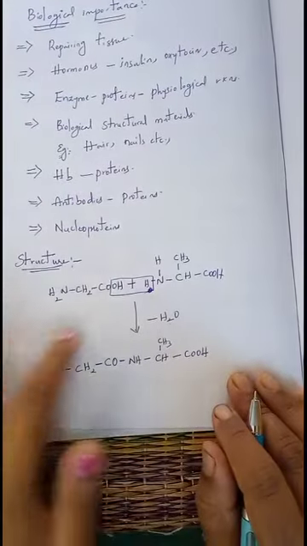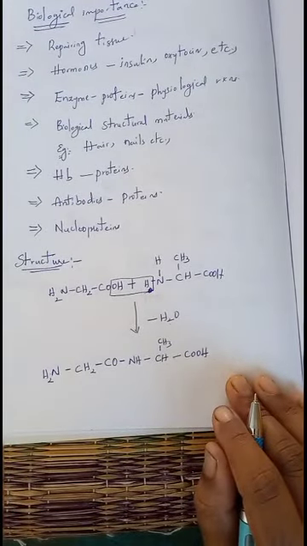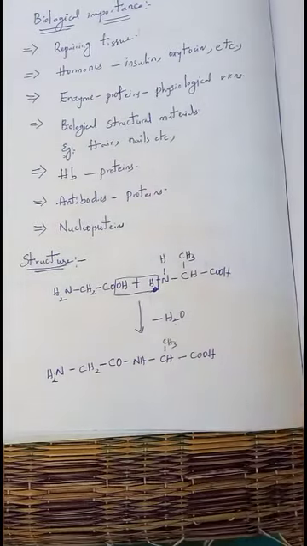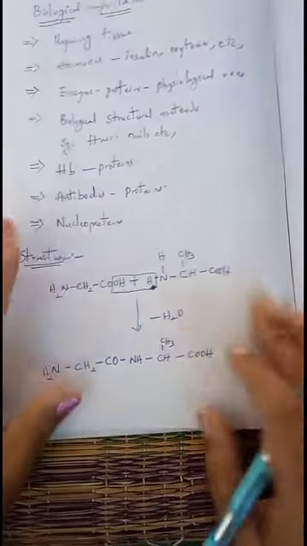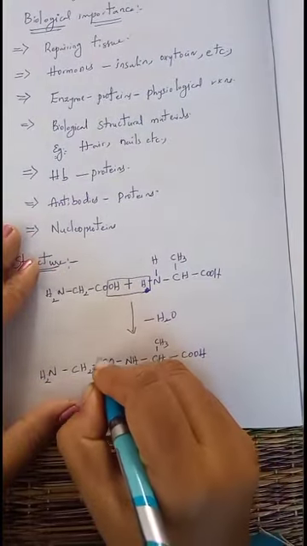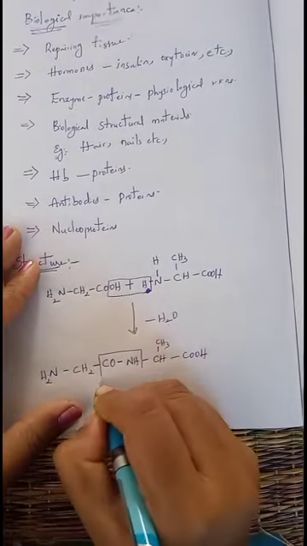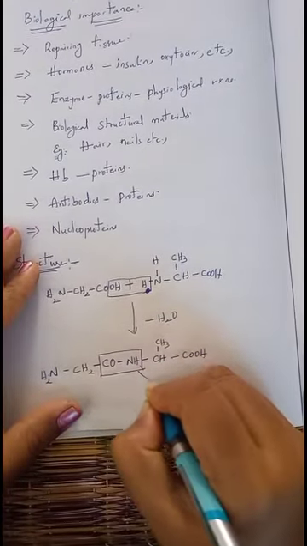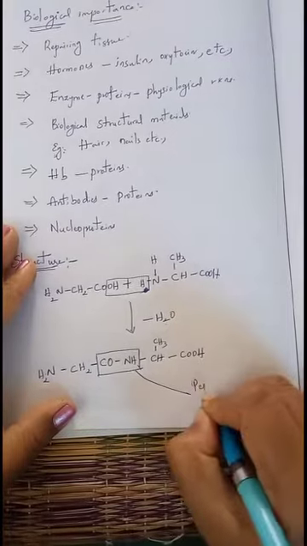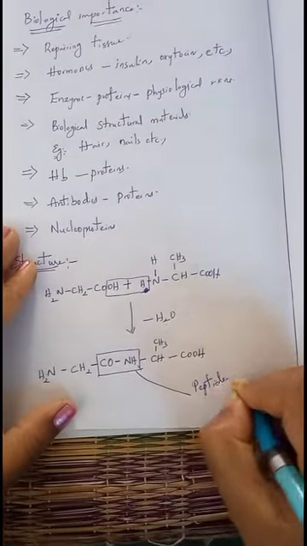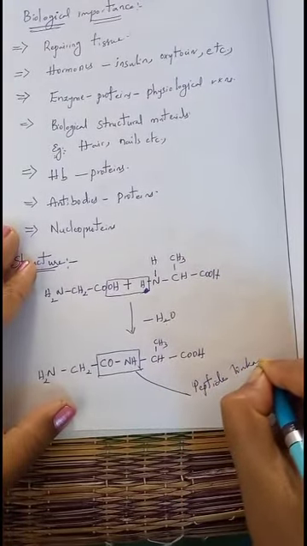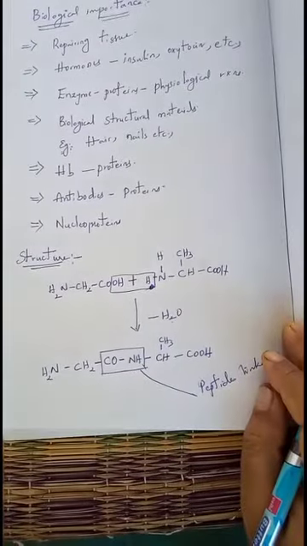Okay, now this is the peptide which is obtained. This dipeptide contains one peptide linkage. Okay, so the linkage which is present in this dipeptide is called peptide linkage. This is peptide linkage.